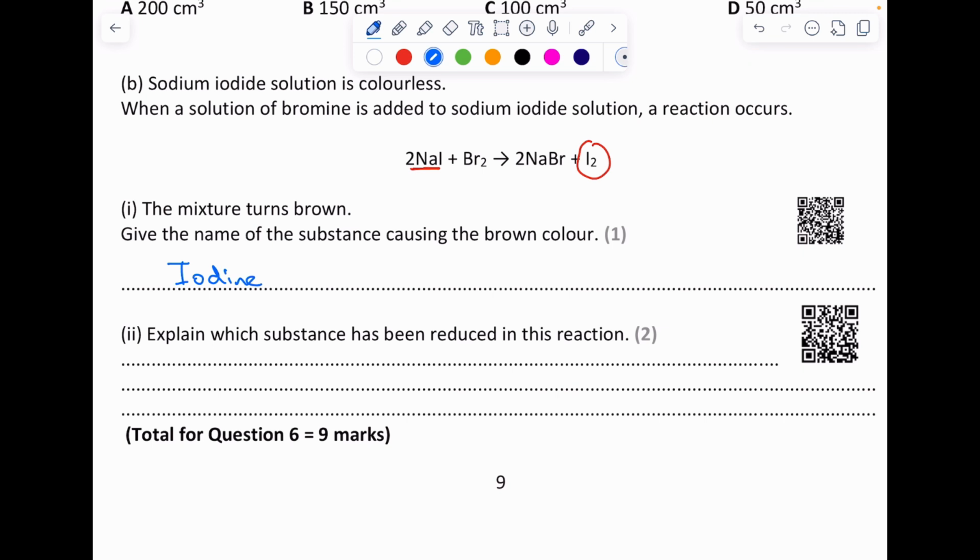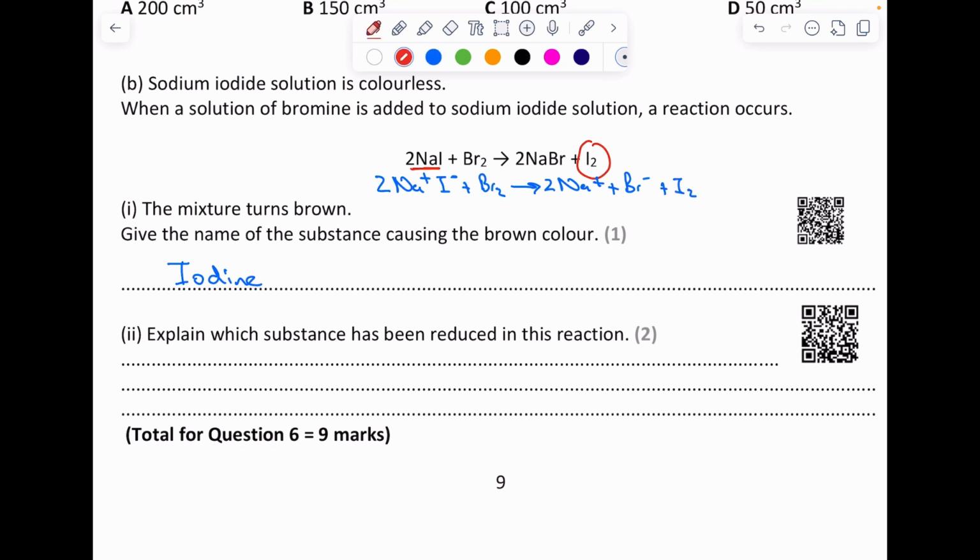Explain which substance has been reduced in this reaction. Well, if you break this up into its ions, so sodium is a positive ion and iodide is a negative ion. Then you've got Br2, which is covalent, so it doesn't have a charge. And then over here, we have got 2 lots of sodium ions plus bromide ions plus I2.